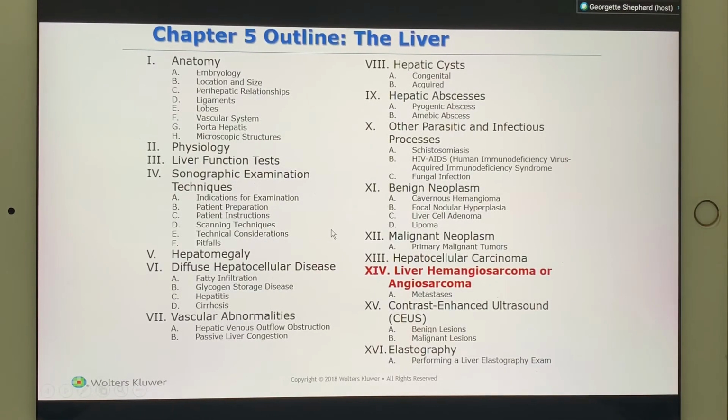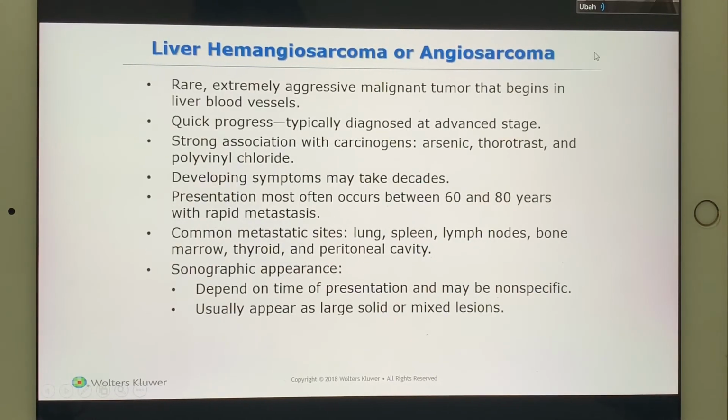Let's talk about hemangiosarcomas or angiosarcomas. It's a rare, extremely aggressive malignant tumor that begins in the liver blood vessels.